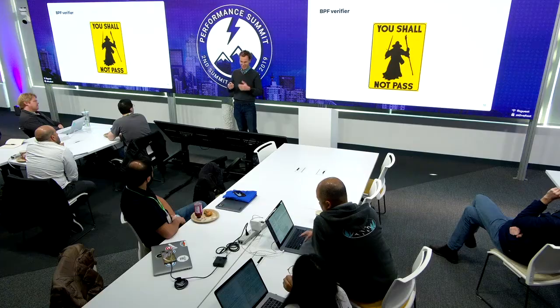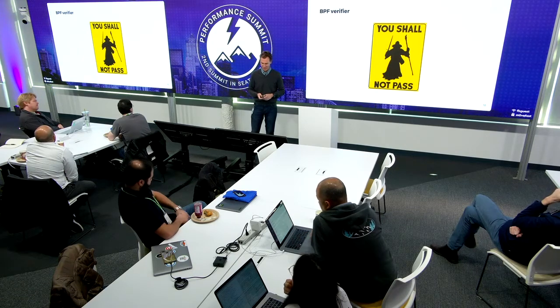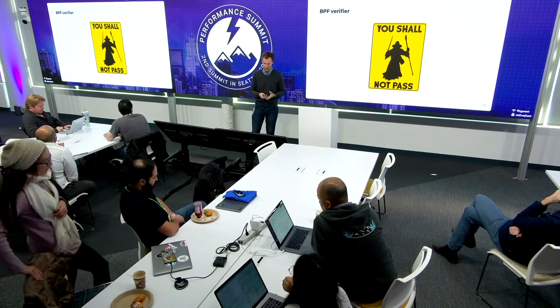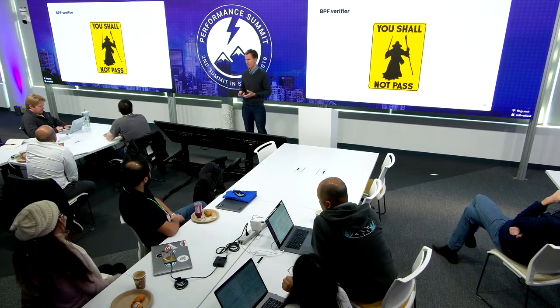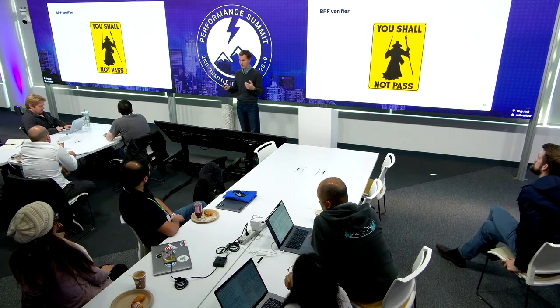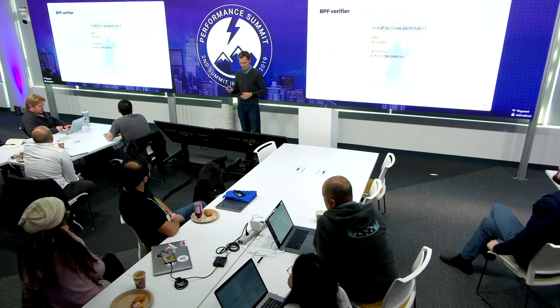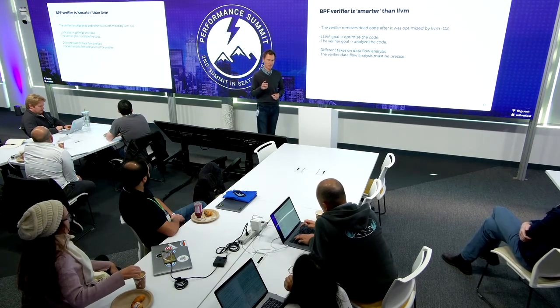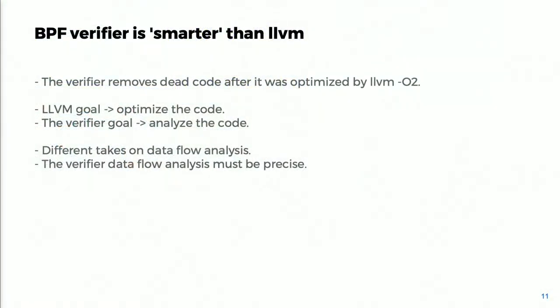Well, it took a while for the verifier to be more human in terms of understanding what humans are trying to do in the C code, especially considering it's working only with assembly. And only now we add type information to this assembly, so it's like a strongly typed assembler in the future. But what I will say is that the verifier is sometimes smarter than LLVM.